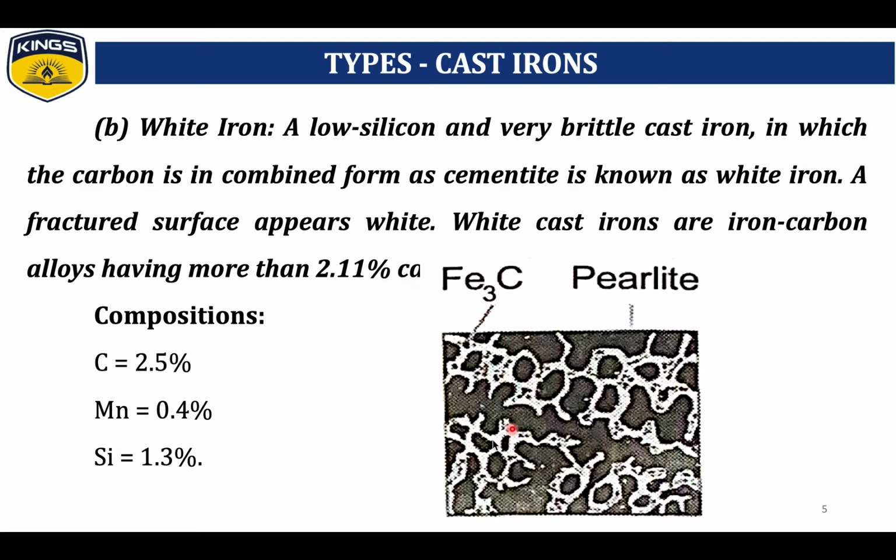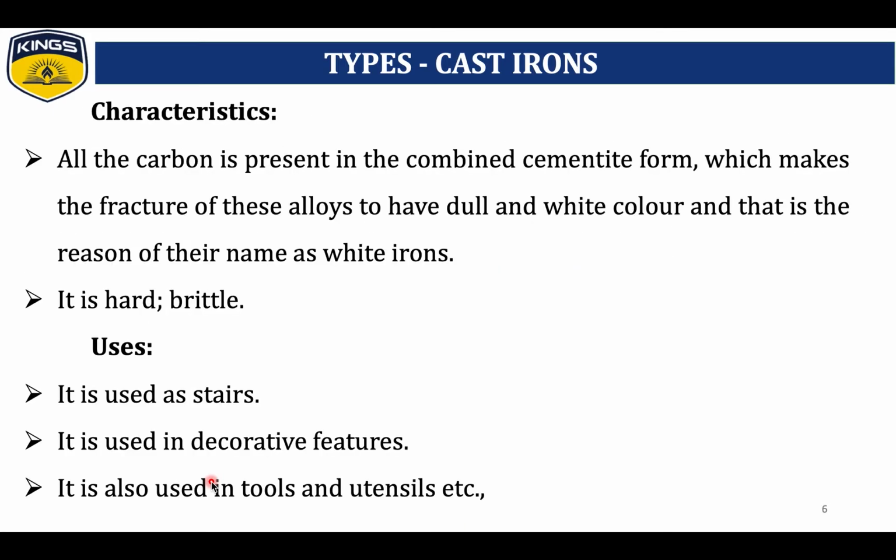This diagram clearly indicates the ferrous carbon alloy mixture with white fractures, also said to be pearlite. Here the compositions are carbon of 2.5 percentage, manganese of 0.4 percentage and silicon of 1.3 percentage.